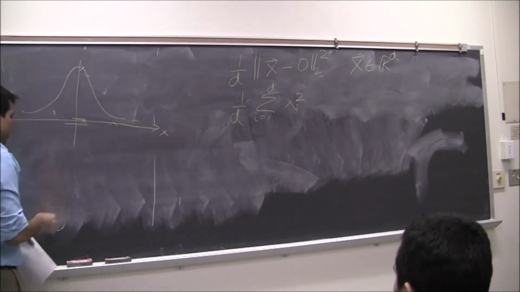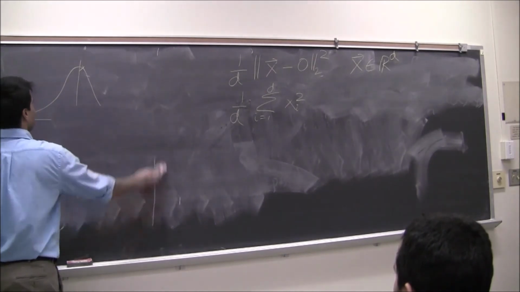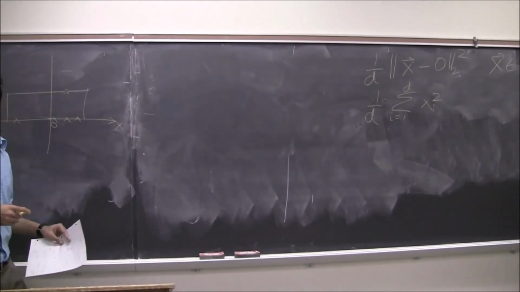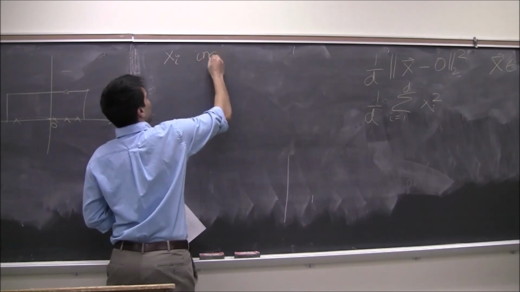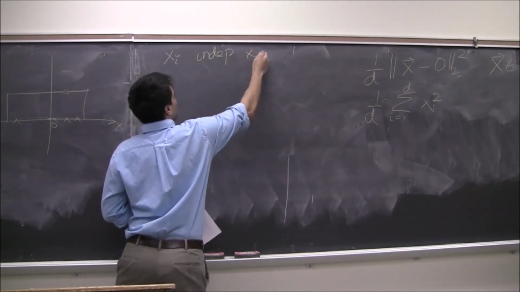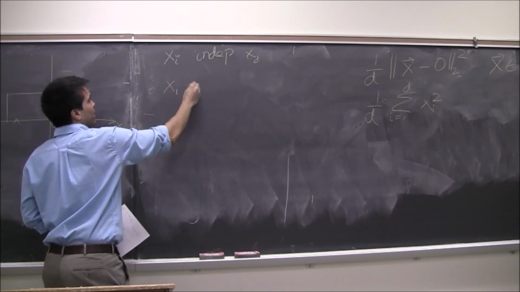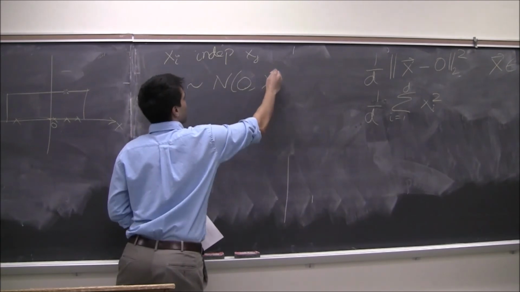All right, and here comes the crucial assumption, and this is a hint, this is what you should challenge later on. The assumption is going to be, let's say xi is independent of xj, and xi is distributed Gaussian with mean 0 and variance lambda squared.